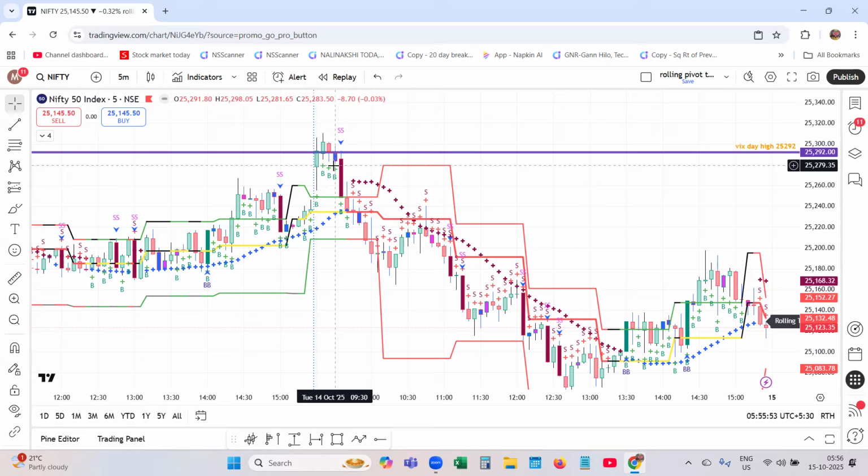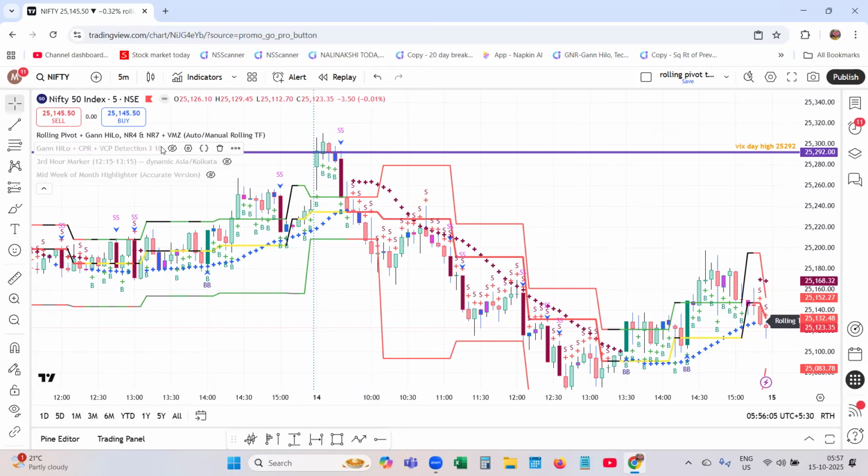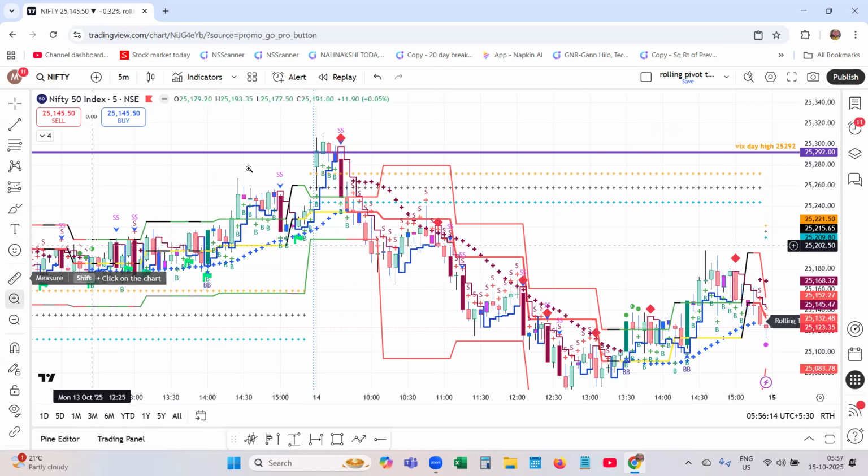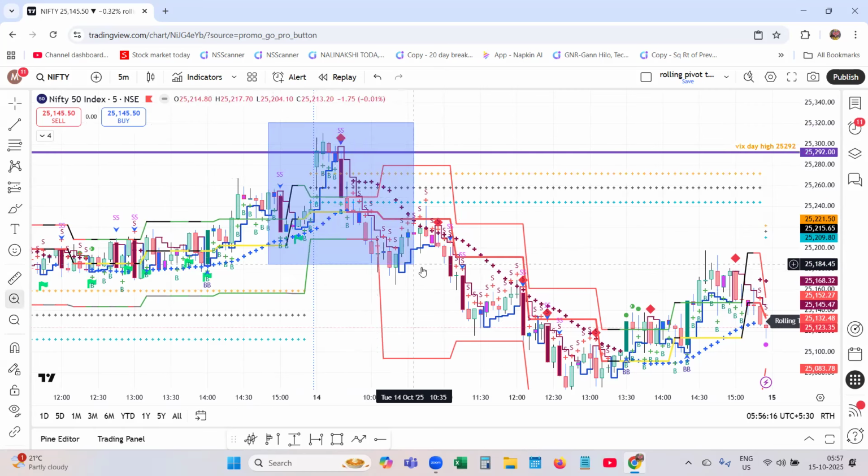You must all be familiar with that, but CPR alone will not help you. So now I am going to add this new indicator, and I will show you in playback mode how you can take the trade and how it improves the trade.